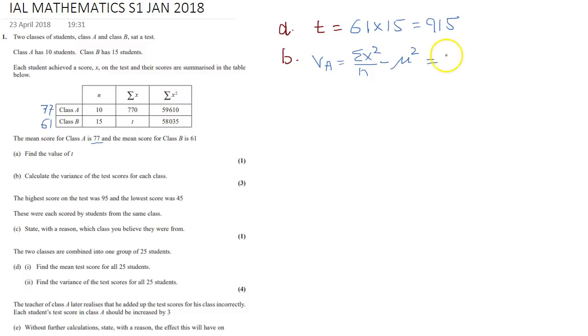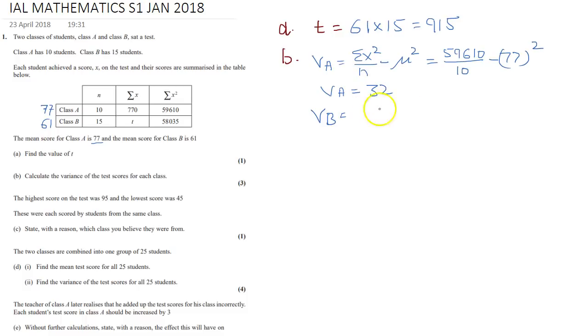Sigma x square is 59610 over n, which is 10, minus the mean, 77, square. If you calculate this, you will get 32.